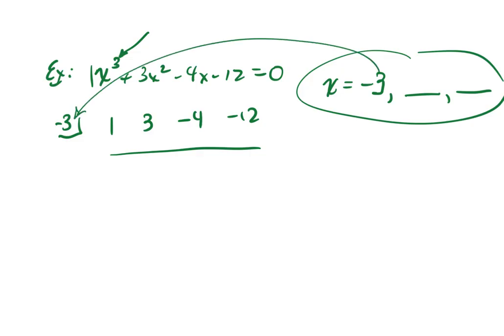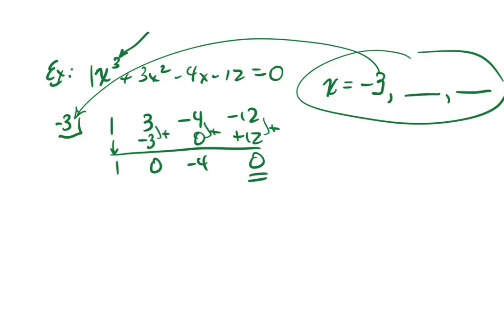And we run through our synthetic substitution process by dropping down the first number as is, multiplying 1 times negative 3, and adding, multiplying 0 times negative 3, and adding, multiplying negative 4 times negative 3, and adding. And if we get 0 in the remainder position, that means that negative 3 really was a solution. I wasn't just messing with you.